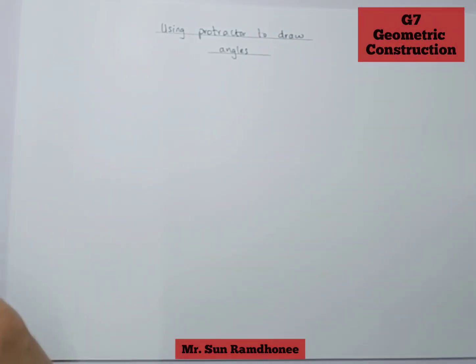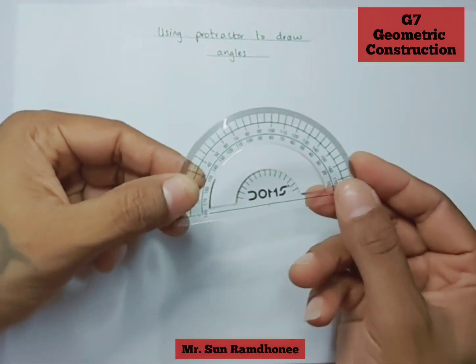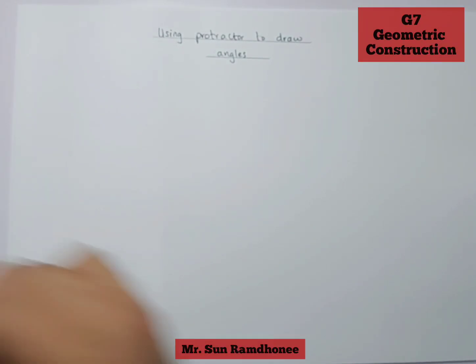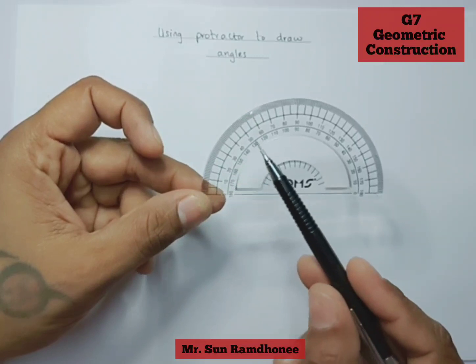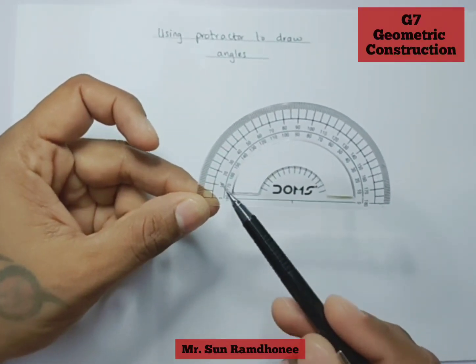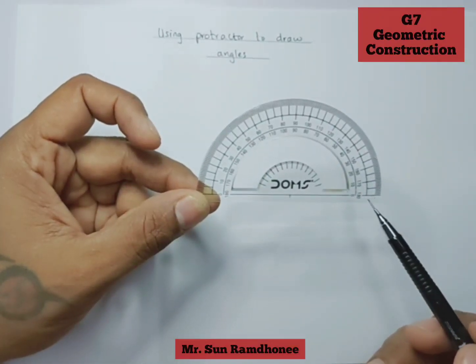So as you already know, there are different types of angles. When you're going to construct angles, we're going to use a protractor. This is a protractor. We see that there are these different graduations here, and it starts from 0 and then 10, 20, 30, 40 up to 180.